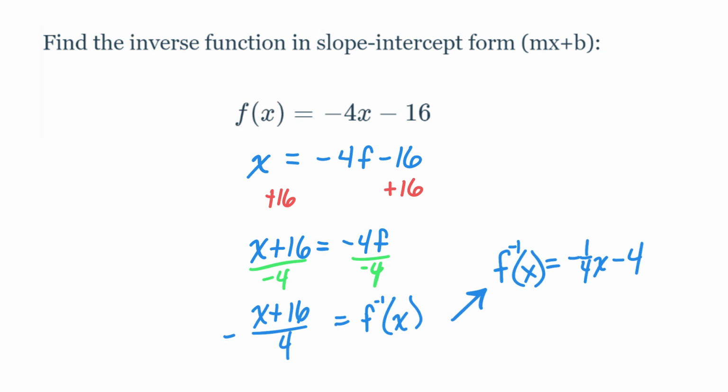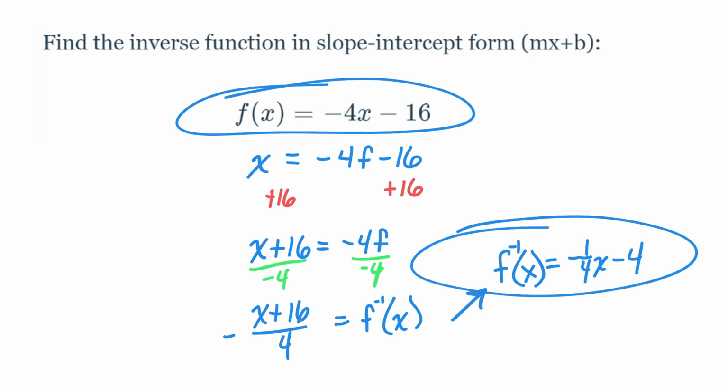And again, if you wanted to check this answer, what you could do is put this into a y equals and take this and put it into a y equals. And if they are reflected across the diagonal line, and if their tables are inverted, then those are inverse functions.